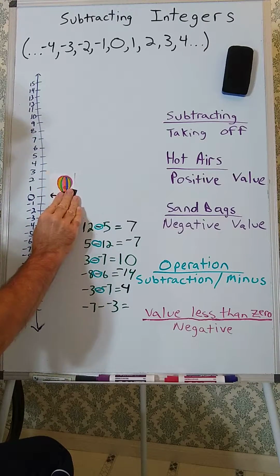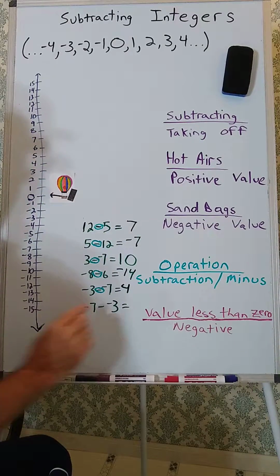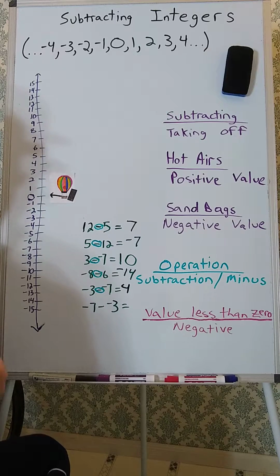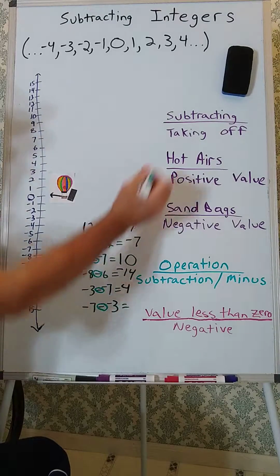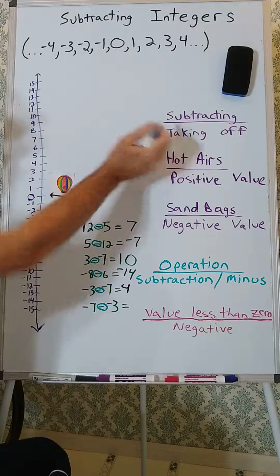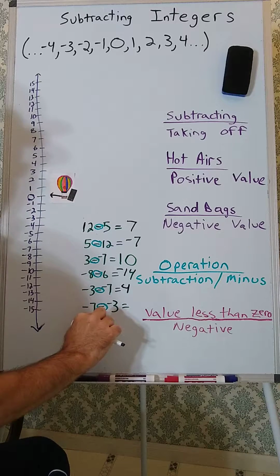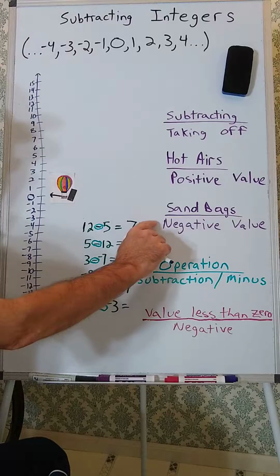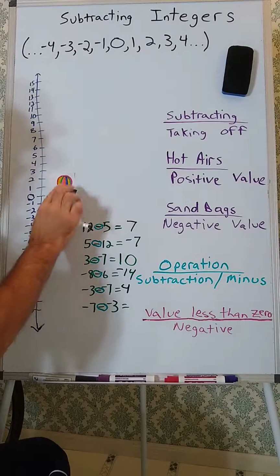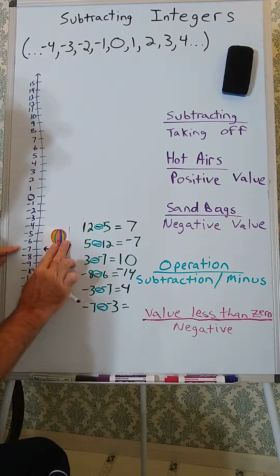And let's see, last one, negative 7 minus negative 3. Here's the operation. This represents us taking something off the balloon. What's the number after the operation? Negative 3. So that means we're taking off sandbags. So the balloon's going to start at negative 7.